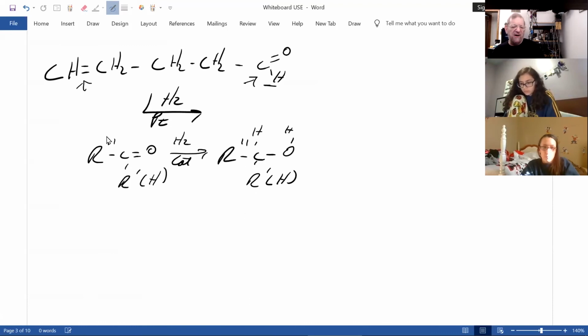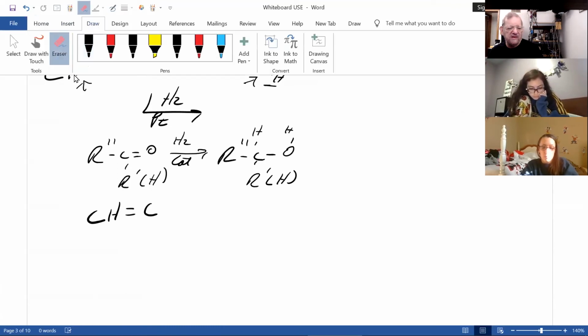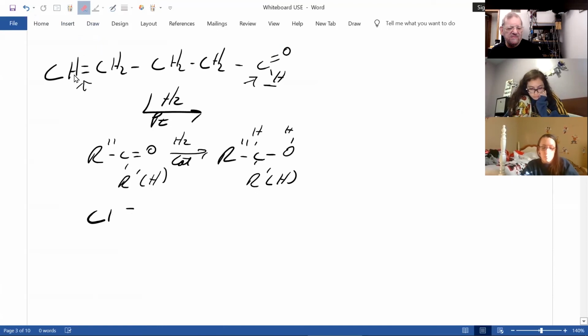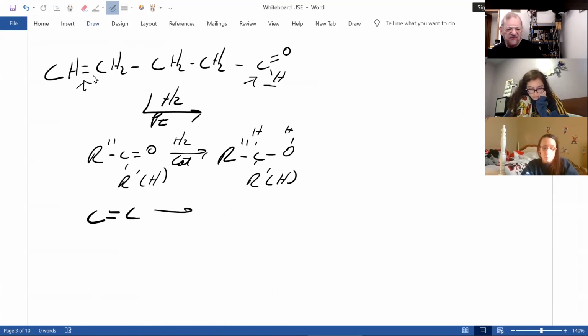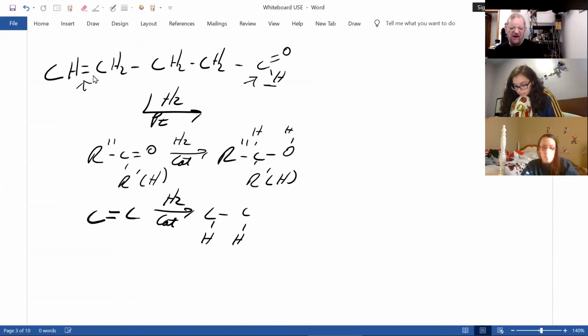But I have a double bond, and I know that reacts with hydrogen and a catalyst. To break the pi bond, each carbon gets a hydrogen.